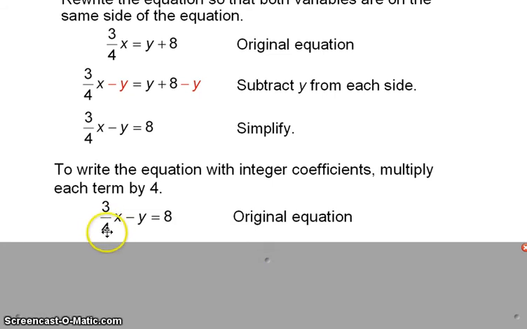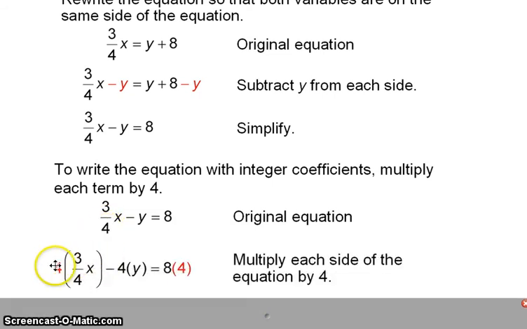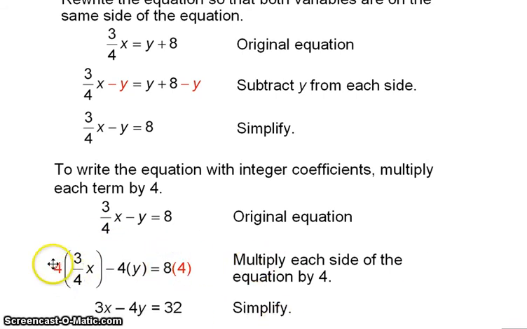We want to get rid of this 4, so we're going to multiply every term by 4: 4 times 3/4, 4 times y, and then 4 times 8. We're going to use a little bit of distributive property. So our new equation becomes 3x minus 4y equals 32. And now our a is greater than or equal to 0, and it is also an integer. So now this is written in correct standard notation.